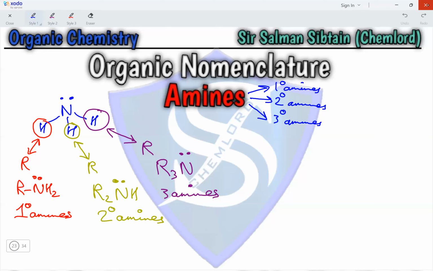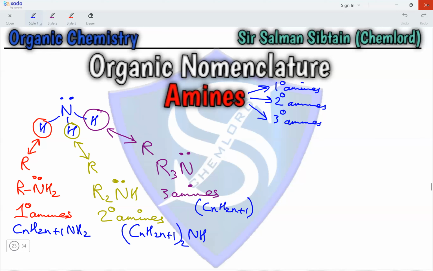So the formula based on the number of carbon, hydrogen, and nitrogen atoms would be, in the case of primary amines, CnH2n+1 NH2. In the case of secondary amines, CnH2n+1 taken twice, NH, and in the case of tertiary amines, CnH2n+1 taken thrice, with a nitrogen atom.